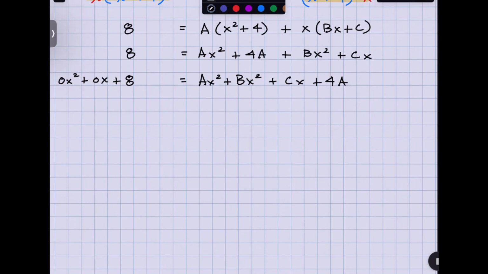That means the 0x squared is equal to Ax squared plus Bx squared. That 0x has to equal Cx. And that 8 has to equal my 4A.